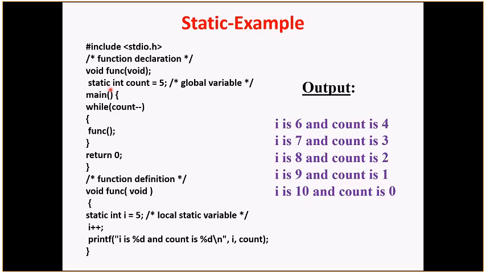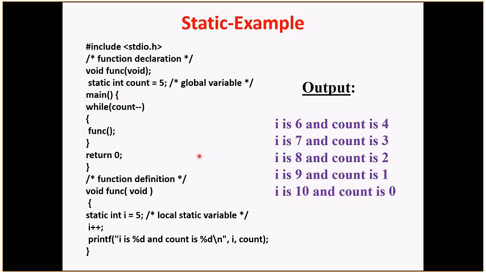When this is done, it causes that variable's scope to be restricted to the file in which it is declared. In C++ programming, when static is used on a class member, it causes only one copy of that member to be shared by all the objects of its class.